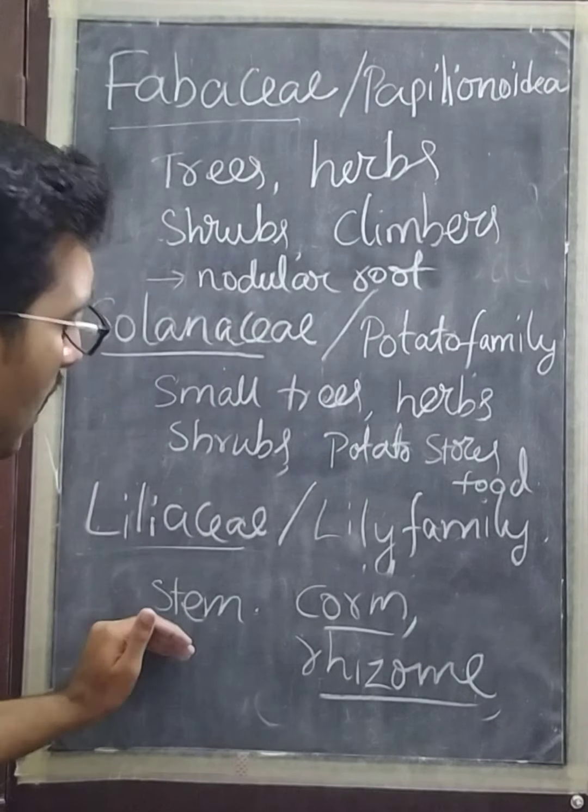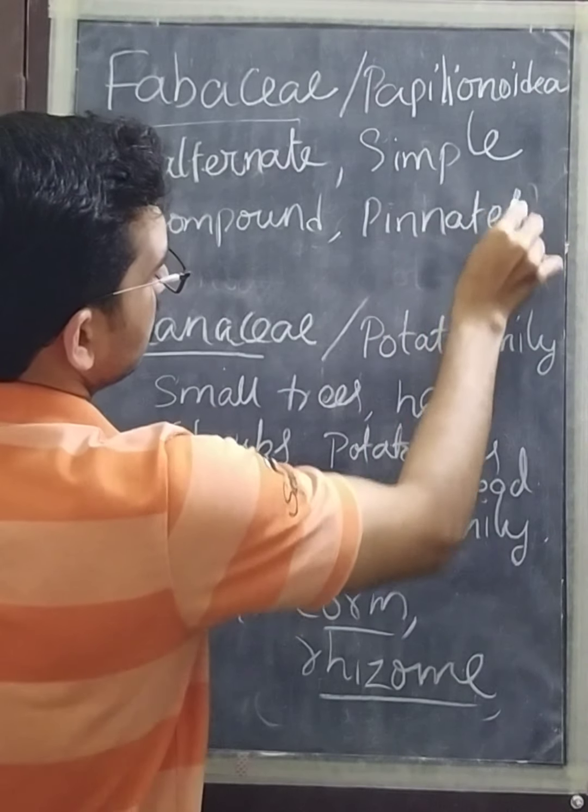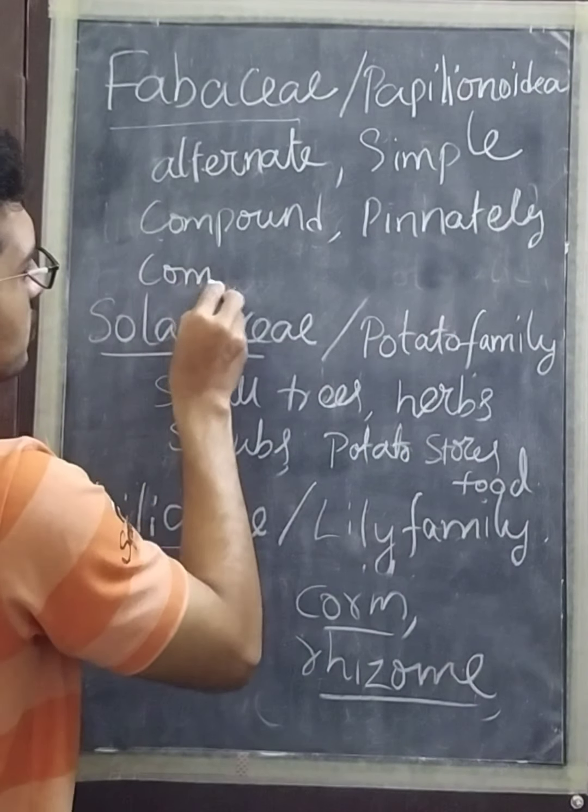The Fabaceae family leaves are alternate, simple, compound, and especially we can find pinnately compound leaves.